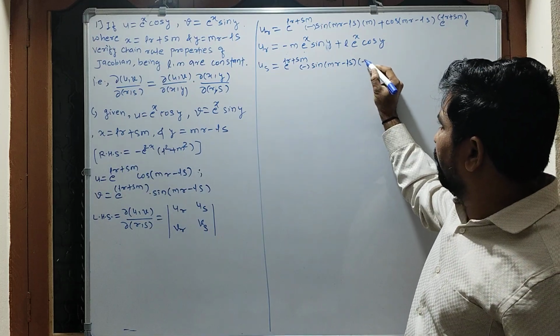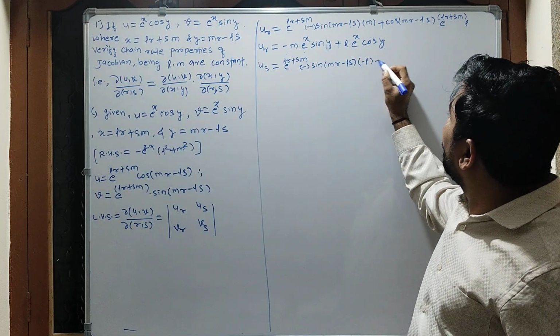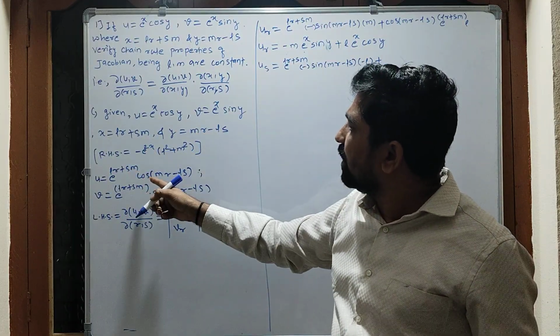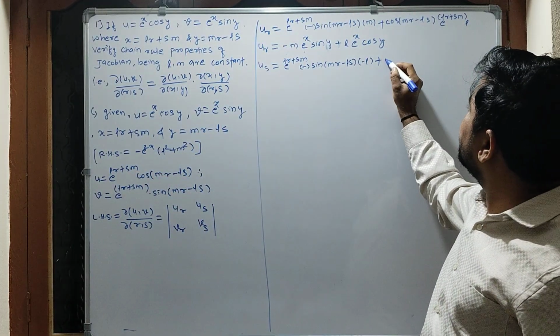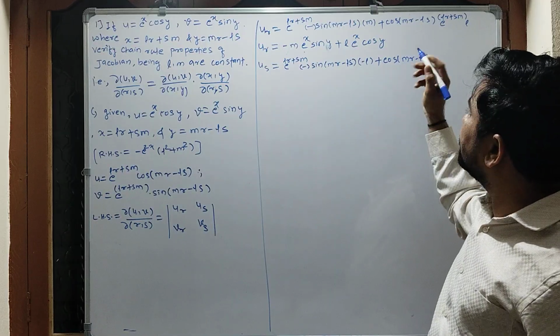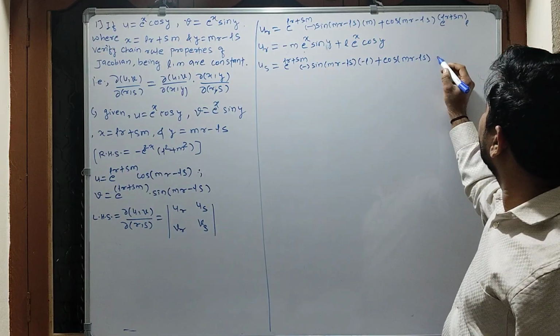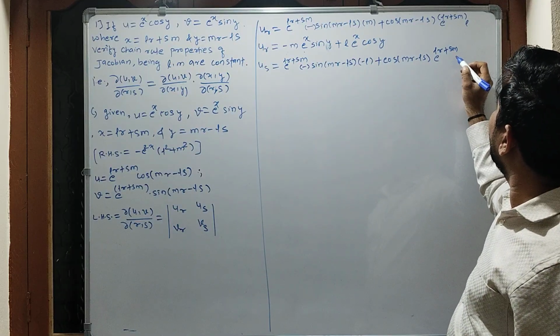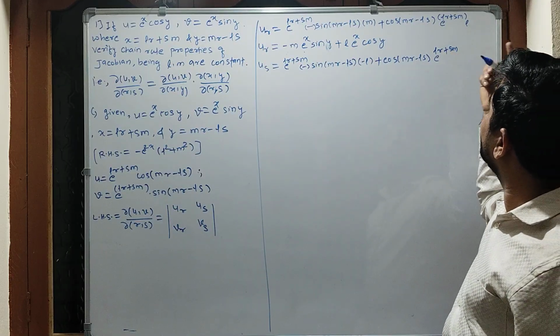This is my minus l, plus second as it is, that is cos of (m r minus l s) as it is, into the derivative of the exponent, that is e to the power l r plus s m into the derivative of l r plus s m with respect to s.